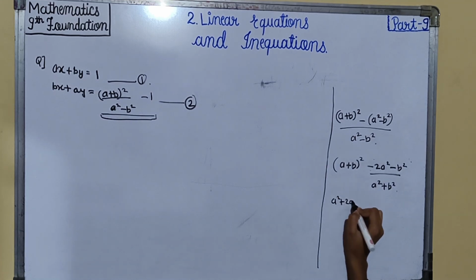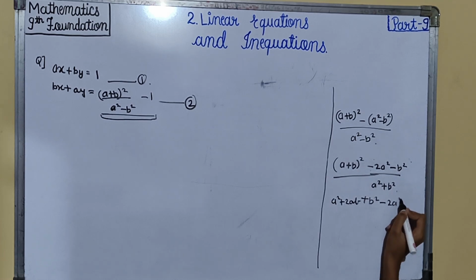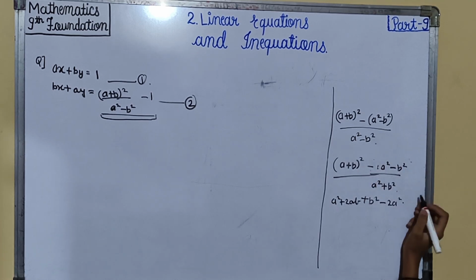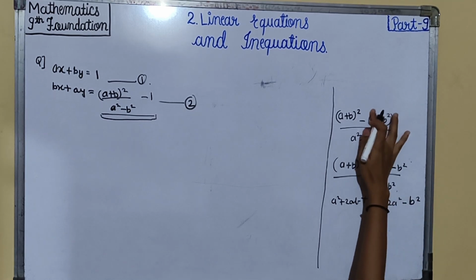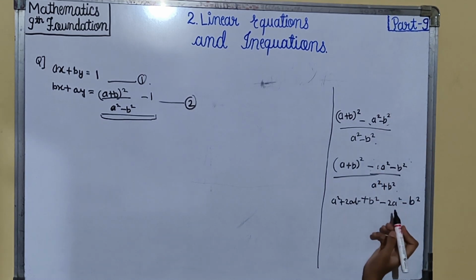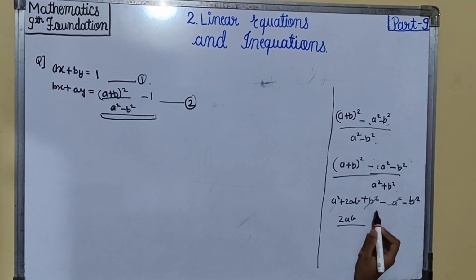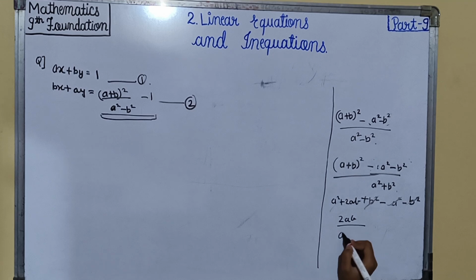Now a square plus 2ab plus b square minus 2a square minus a square minus b square. So 2ab will be remaining and a square plus b square as it is.